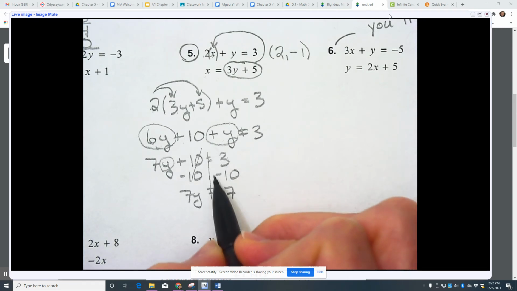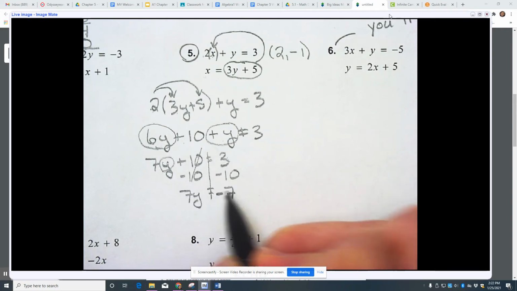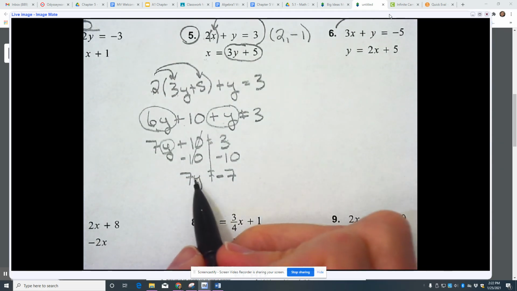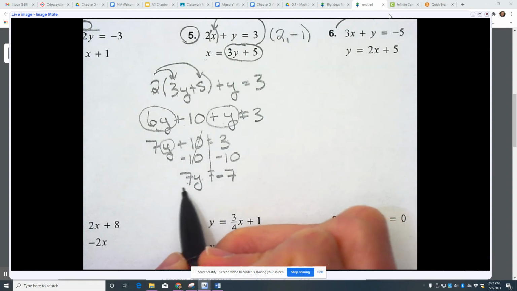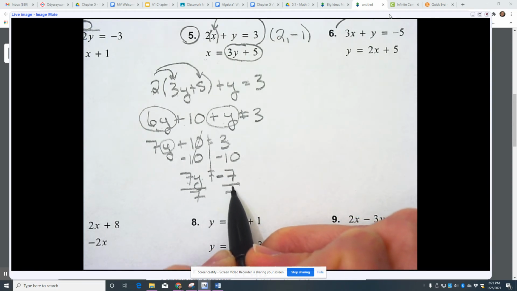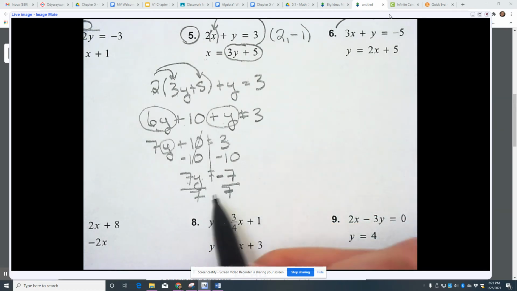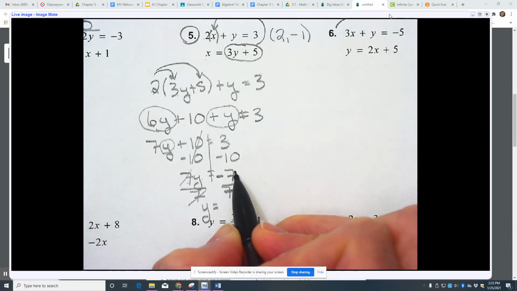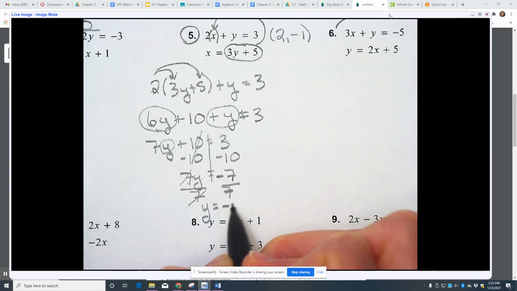I have more negatives than positives, so my answer is negative. 7y equals negative 7. Now 7 multiplied by y, to undo multiplication, I divide both sides by 7, not negative 7, 7. 7 divided by 7 is 1, so there we go, y is all by itself. Negative 7 divided by positive 7 is negative 1.